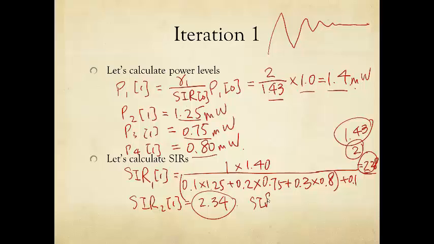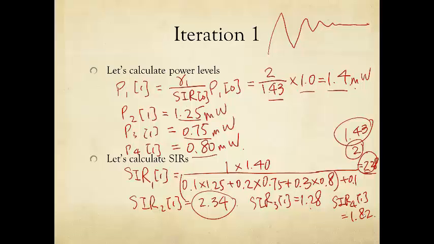And the SIR3 at this iteration is 1.28, SIR4 at this iteration equals 1.82. Both of these are not quite at their target SIR.